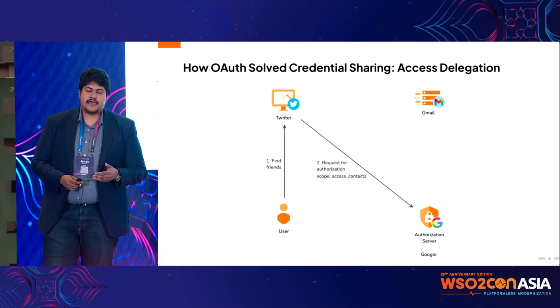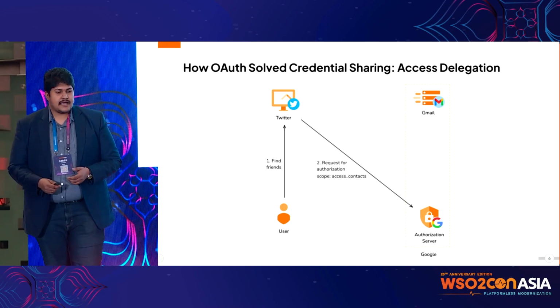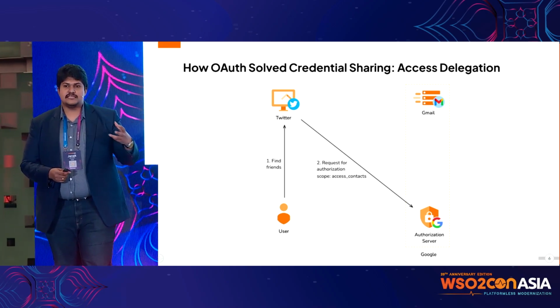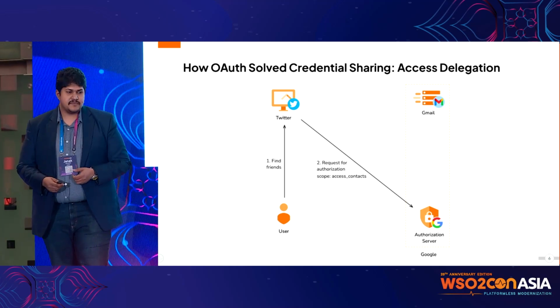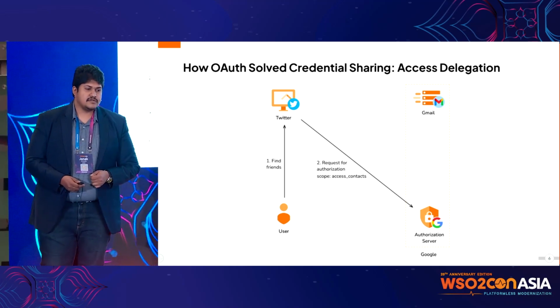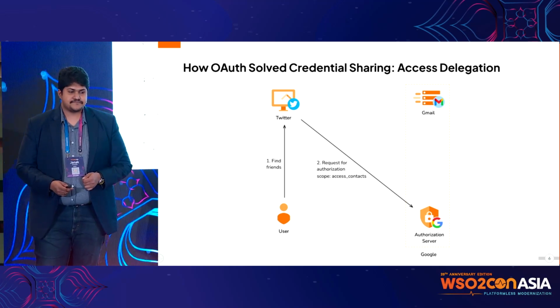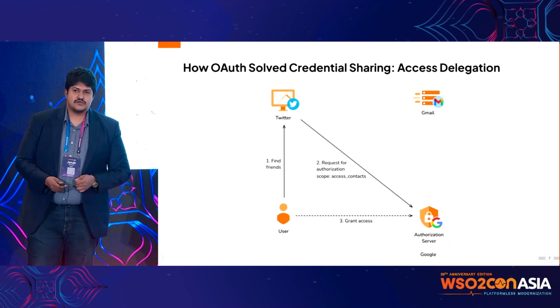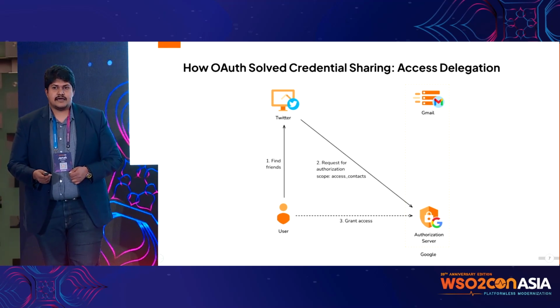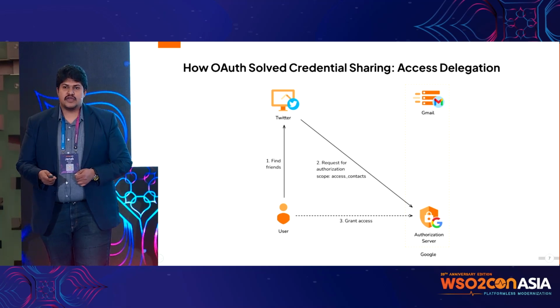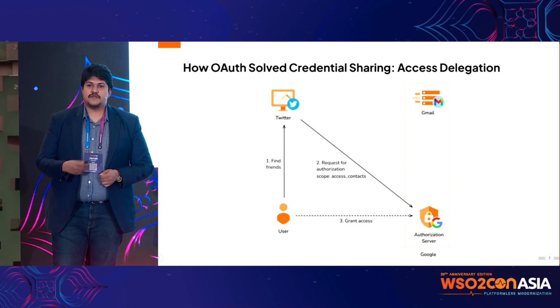So OAuth has this concept called scopes. And scopes are used to denote what these authorizations are. In this case, it can be a scope like access contacts. In turn, Google is going to prompt you and ask, is it okay to give access to your Google contacts to Twitter?